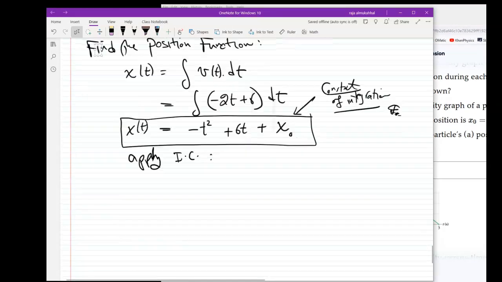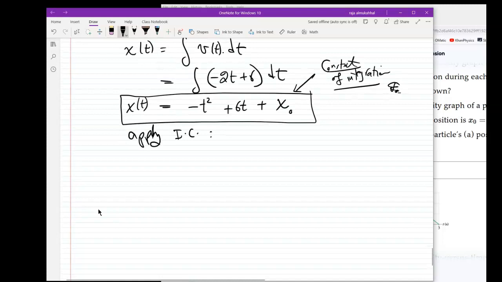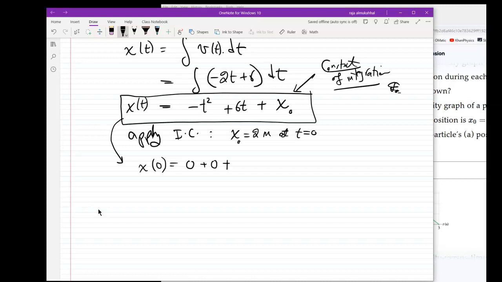So my initial condition here is x naught equal 2 at t equals 0. So I'm going to plug it in there. I have x of 0 equals 0 plus 0 plus x naught, which is x naught, right? And that's equal to 2, and that gives me x naught equal to 2.